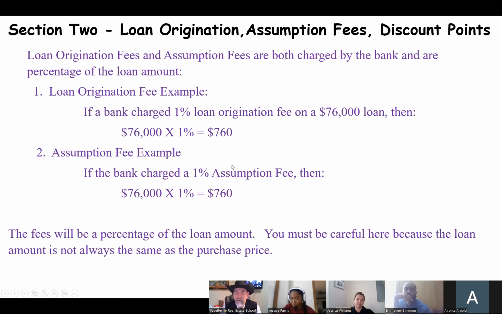And it's charged against the loan amount again, the loan amount. So it's almost the same formula as the loan origination fee. Example, 76,000 is the loan amount times 1% assumption fee. The buyer would pay $760 at closing, a one-time fee to assume that loan.